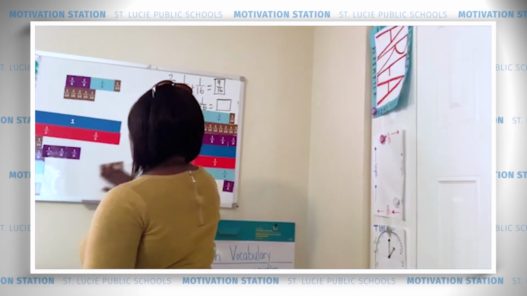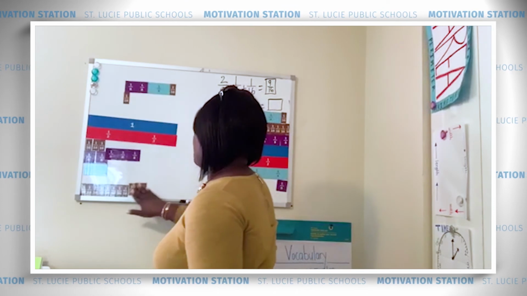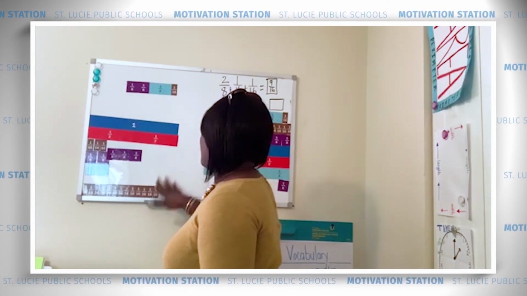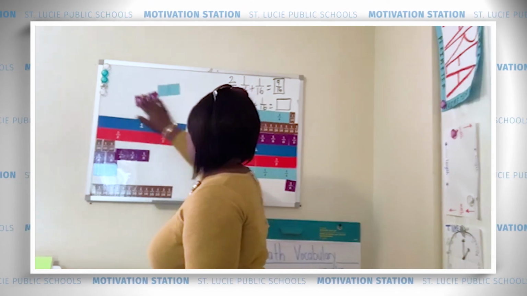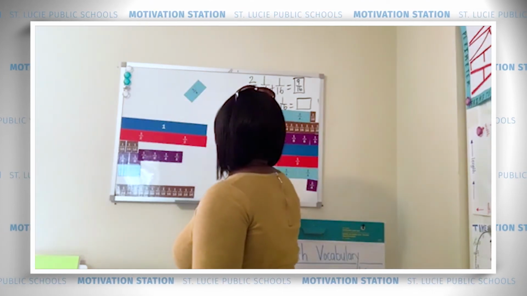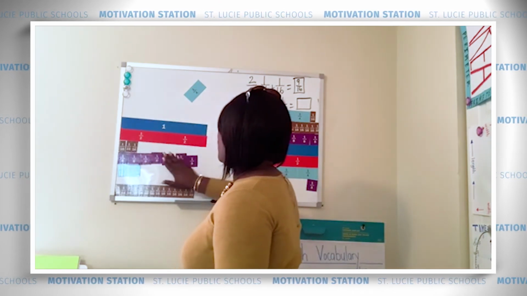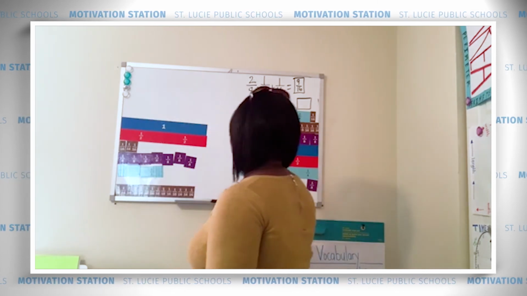So let's review before we close out this video. What did we learn about improper fractions and mixed numbers? When you're looking at a fraction, how do you know that it is an improper fraction?